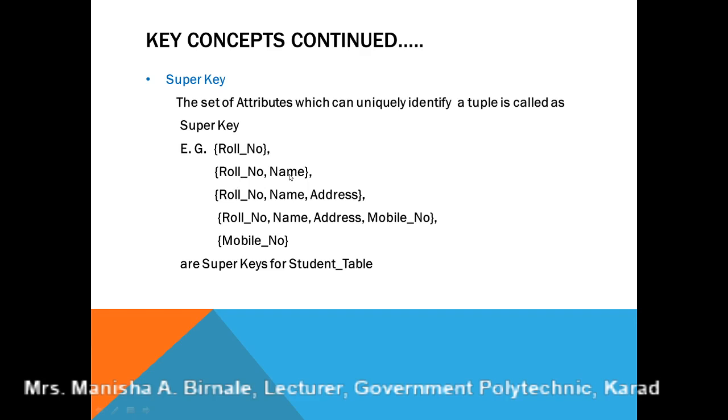By using only roll number, we can identify each student uniquely. In this super key, name and address are extraneous attributes. Here name, address, mobile number are extraneous attributes. In the last super key, there is only one attribute, mobile number, so there are no extra attributes.